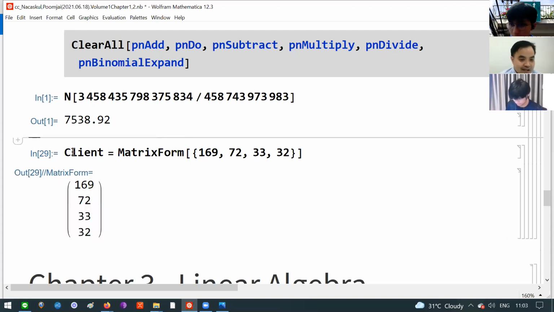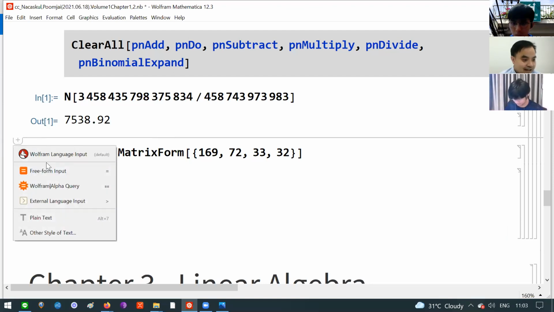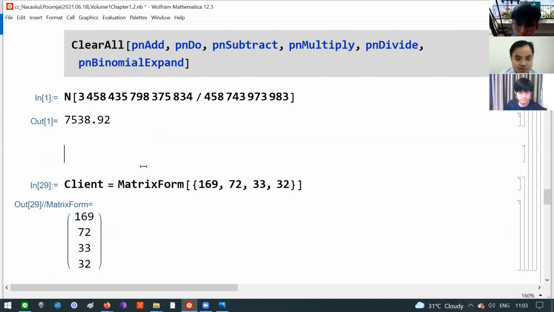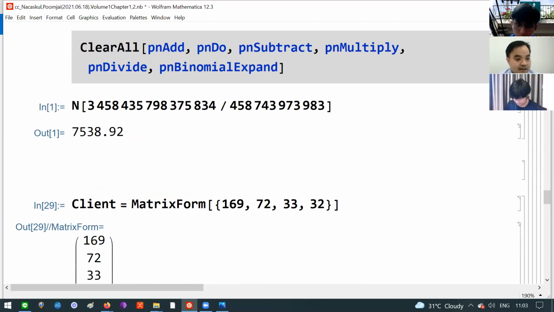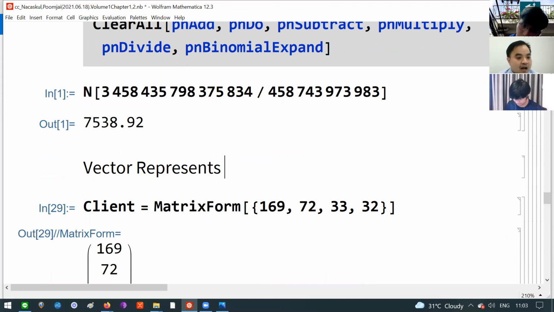So get used to this idea. I'm going to write this really big. Vectors represent objects in life.